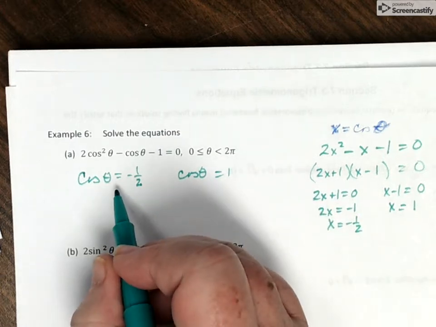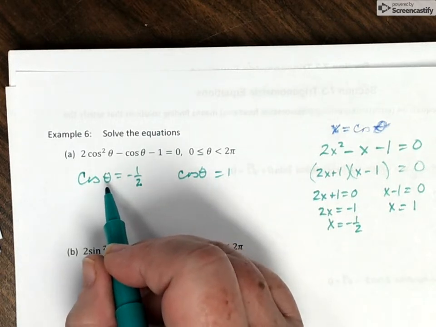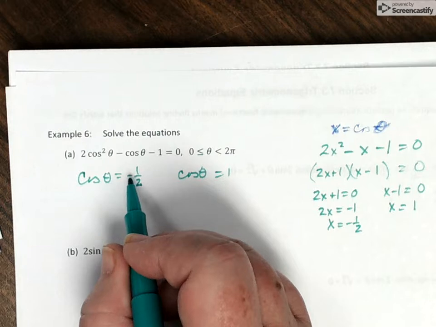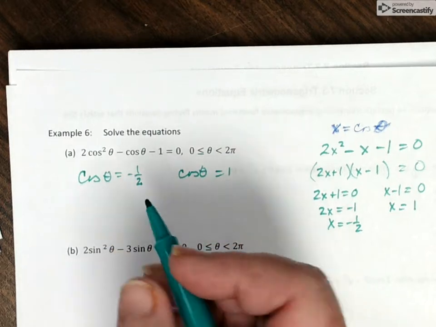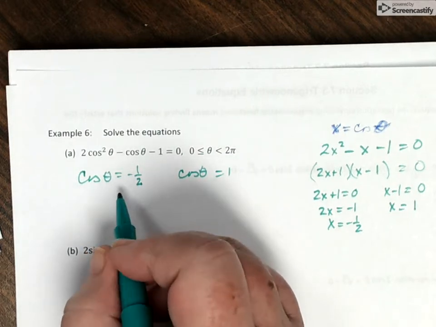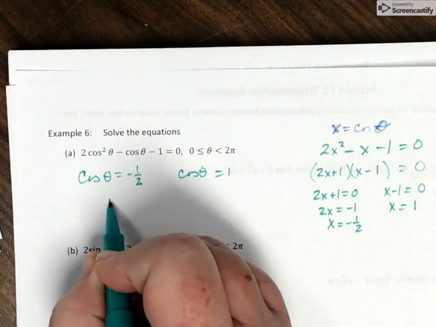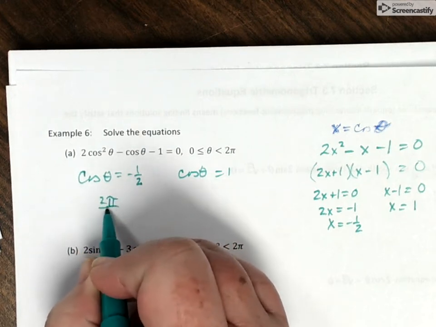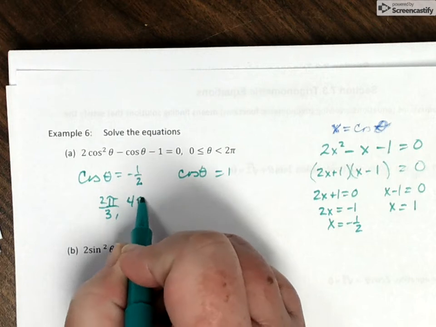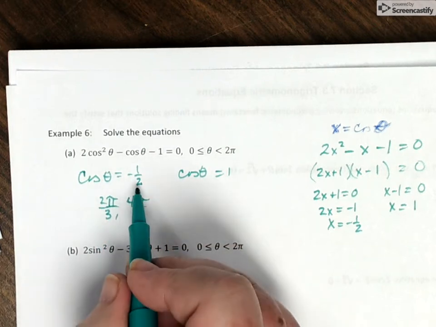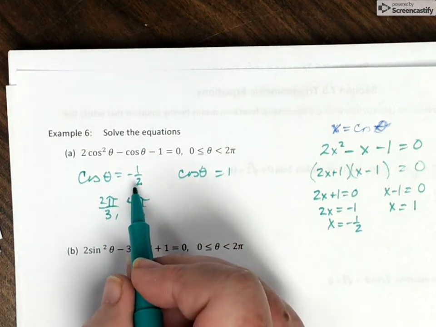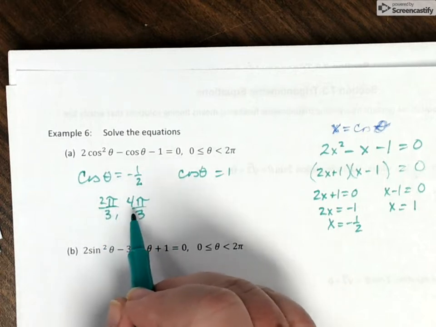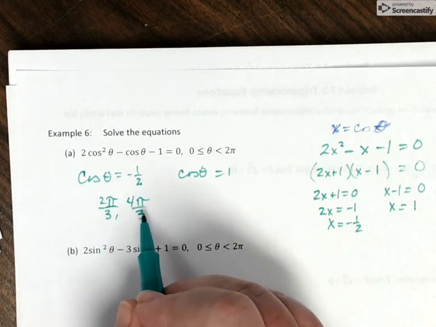And ask yourself, where on the unit circle is the cosine of theta equal to negative 1/2? We know that that happens when theta is equal to 2 pi over 3 and 4 pi over 3. Look on your unit circle, find the cosine value is negative 1/2. It happens in both of these locations, quadrant 2 and quadrant 3.